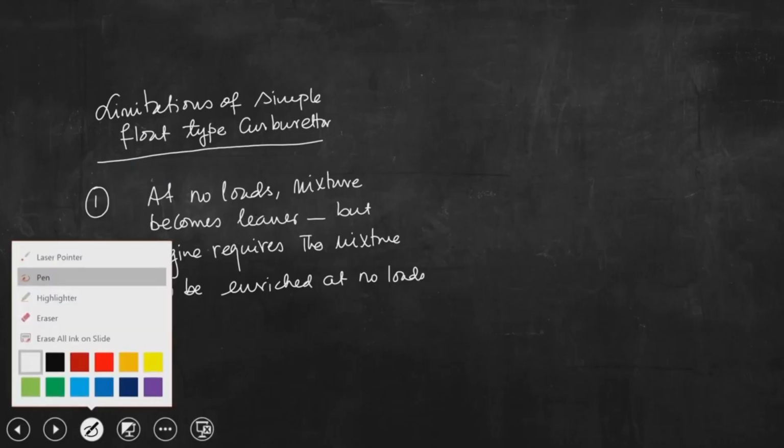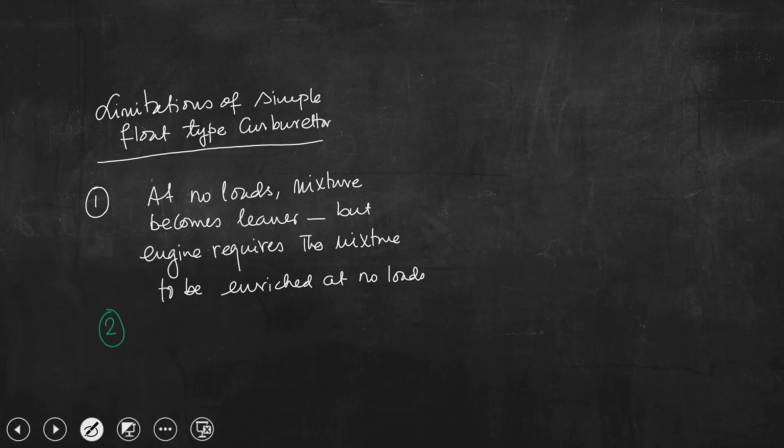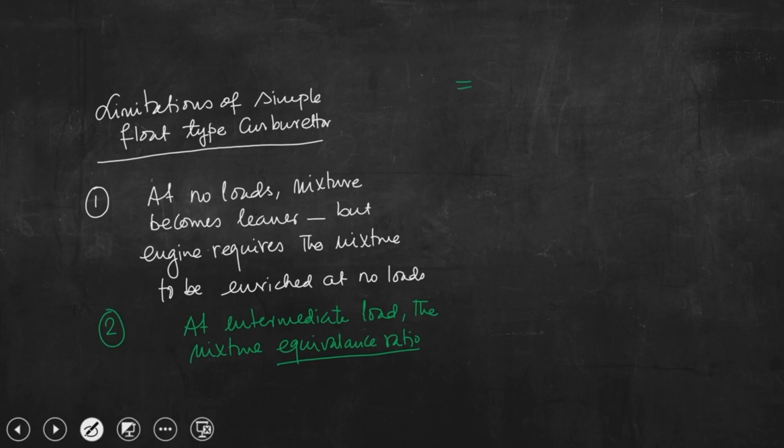Okay. Number 2. Number 2 is at intermediate load, the mixture equivalence ratio, which is, this equivalence ratio I am underlining, which is fuel air actual divided by fuel air stoichiometric.